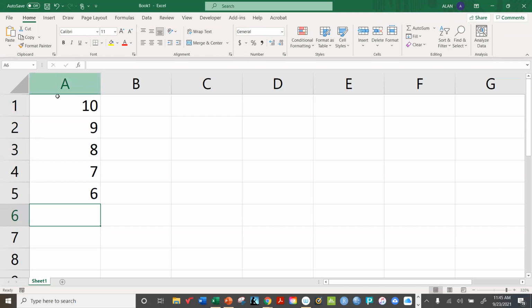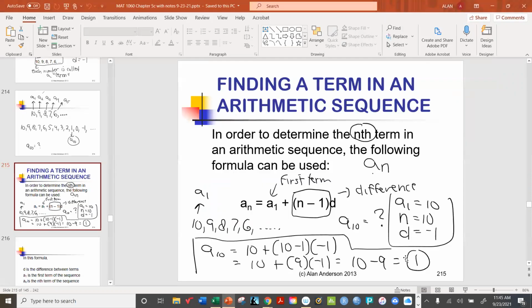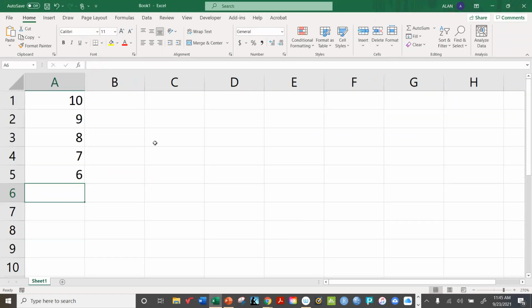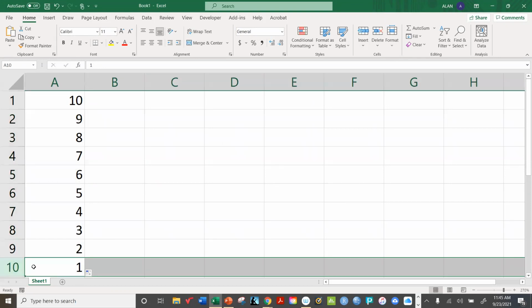So in other words, suppose we're not sure if the 10th term is 1. Excel can recognize the pattern that it created here. And what I can do is simply grab these numbers and drag them down until I get down to term number 10. And so sure enough, this row represents the 10th term, and it is in fact 1, just as we predicted.